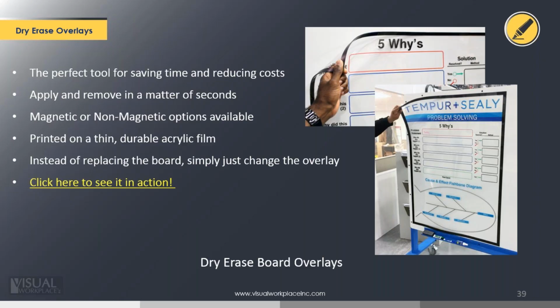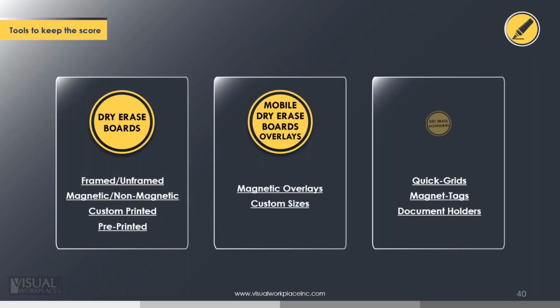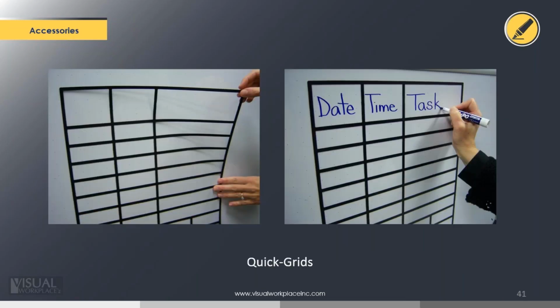And you can take these into meetings if you'd like, or you can share them with other locations, and it's a great tool for collecting information, and they're very inexpensive as opposed to buying new dry erase boards. The next, just real quick, is, as you probably would imagine, we've got some other dry erase board accessories. This is our Quick Grid.